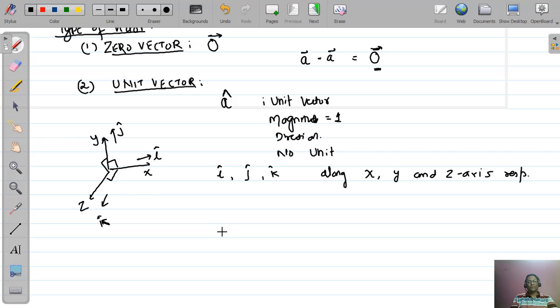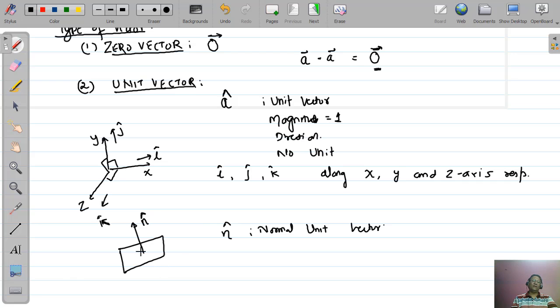One more unit vector we will use is n. It is the normal unit vector. If a plane is given, then a vector perpendicular to the plane is the normal vector and the unit vector along this is represented by the normal unit vector.